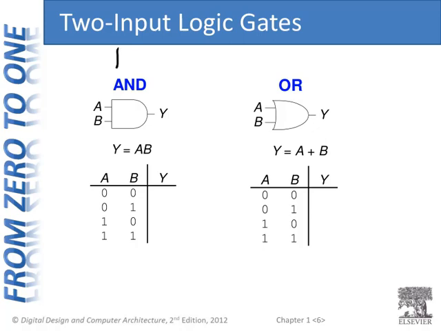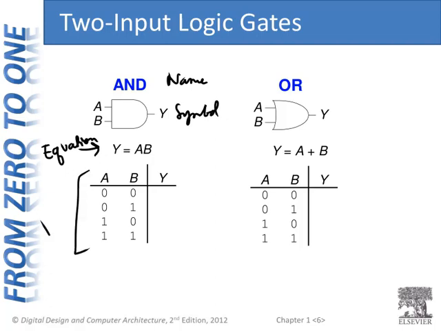In this case we have two inputs, A and B, and the output is Y. This is read Y equals A and B. This is again the equation. So we have our name, symbol, equation, and truth table again.